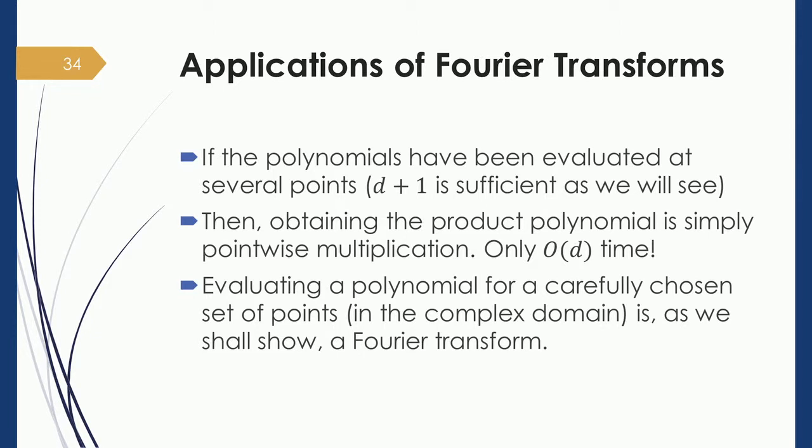However, if we carefully choose the set of points at which we evaluate the polynomials, and this will go into the complex domain, we will explain in detail in the next lecture that this is actually a Fourier transform, and this Fourier transform can be performed in O of d log d time.